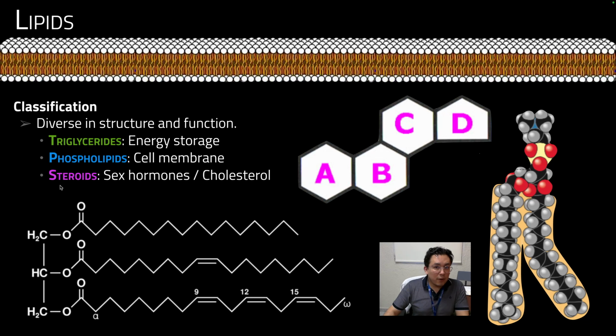And lastly, the third type of lipid that we will learn is called the steroid. This includes the sex hormones testosterone, estrogen, and progesterone, which are derived, as a consequence of chemical reactions, from the molecule of cholesterol.